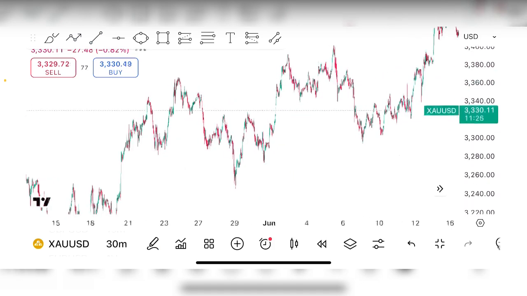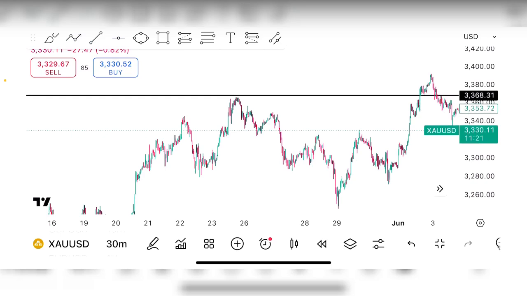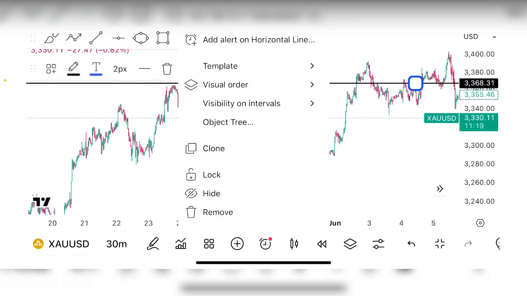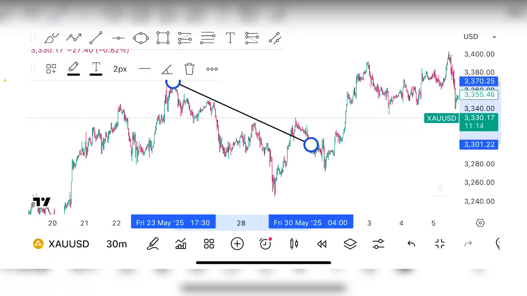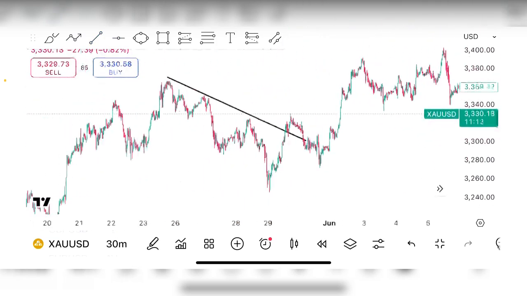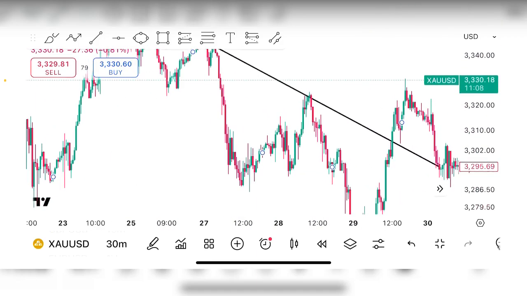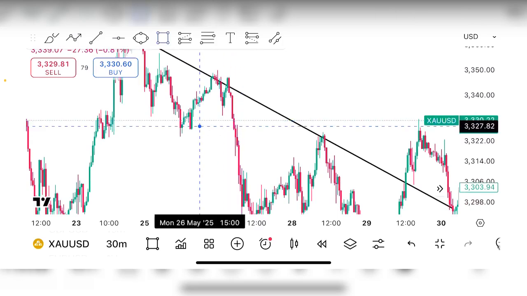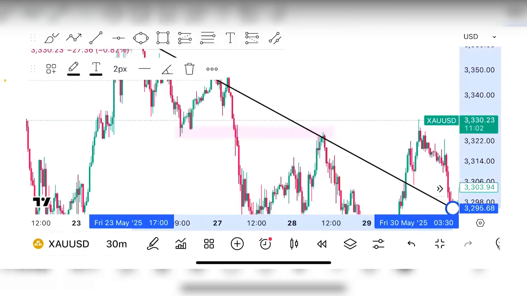This is a mini downtrend. This particular area is a mini downtrend. And if you look at it, when price gets to this particular level, it matches perfectly.